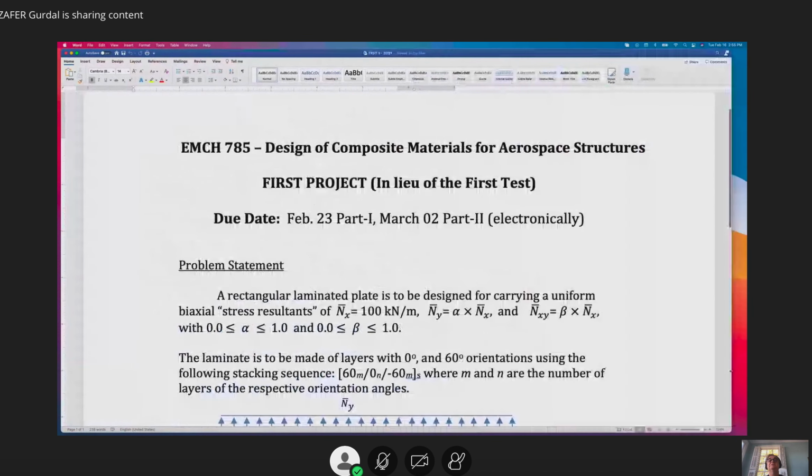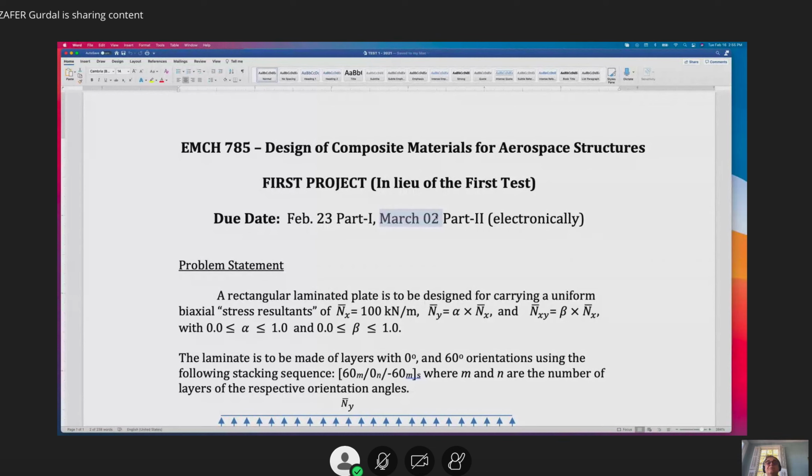Let me make this wide so that you can all read it. So this is the first project. This is in view of the first test, and I split it into 2 parts. First part to be finished a week from today, the 23rd, and the second part should be March 2nd, which I believe is another 9 days or so.